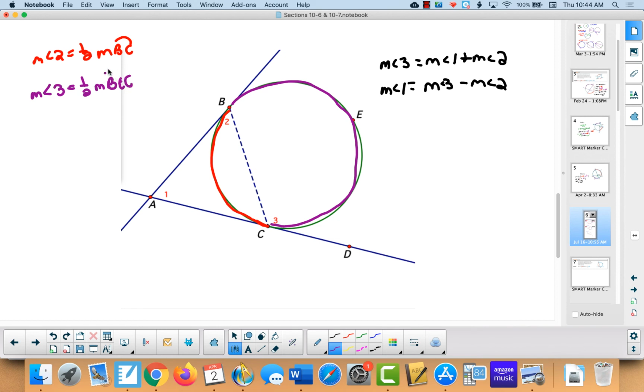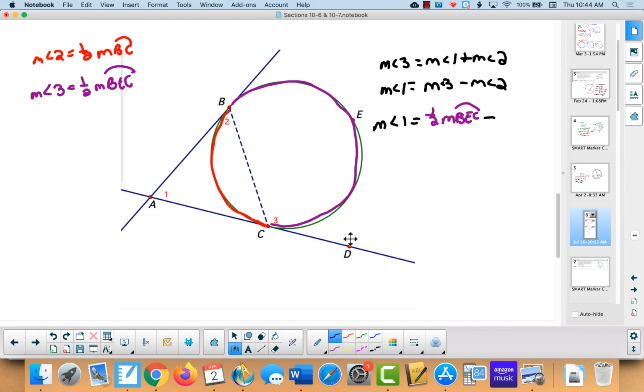Now I want you to notice that in this particular case, the 2 intercepted arcs make up the entire circle. That's important when you have tangent-tangent angles. You only need to be given the measure of one of these arcs, and the other one is going to be 360 minus that. All right, so back to this equation. When we substitute those things in, the measure of angle 3 was 1/2 the measure of arc BEC.